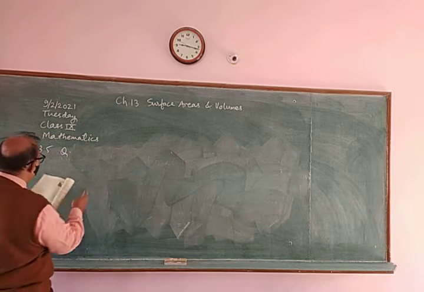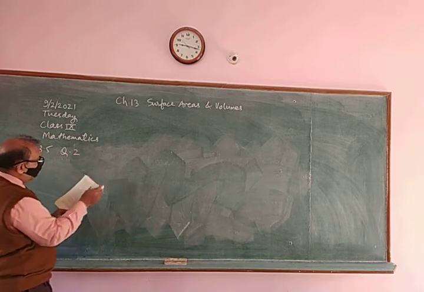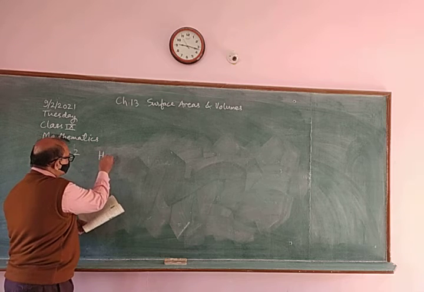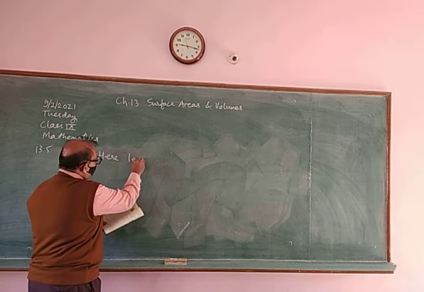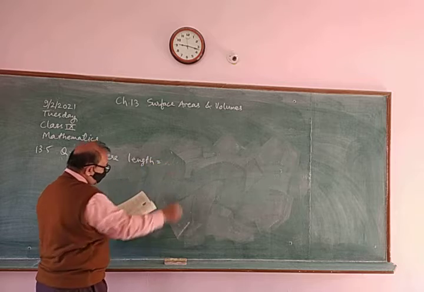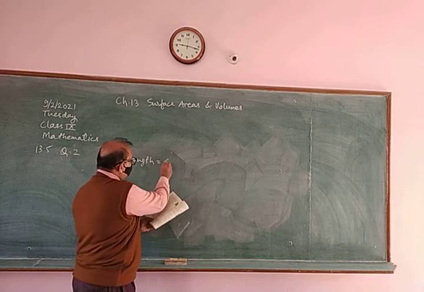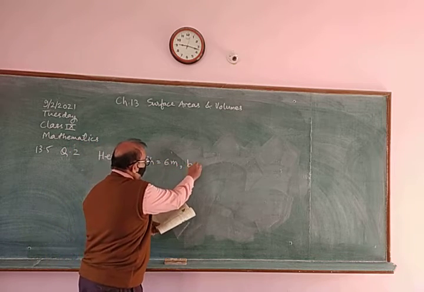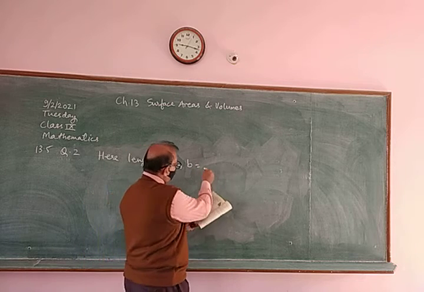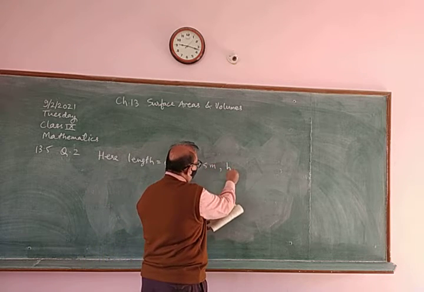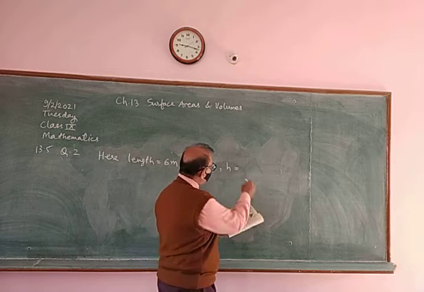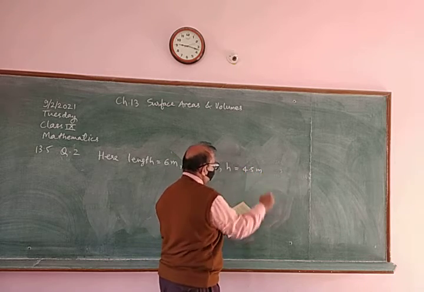First, what is given? Here, length is equal to 6 meter, breadth is equal to 5 meter, and depth or height is equal to 4.5 meter.